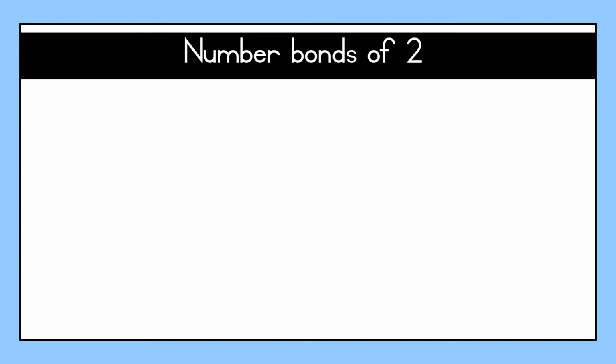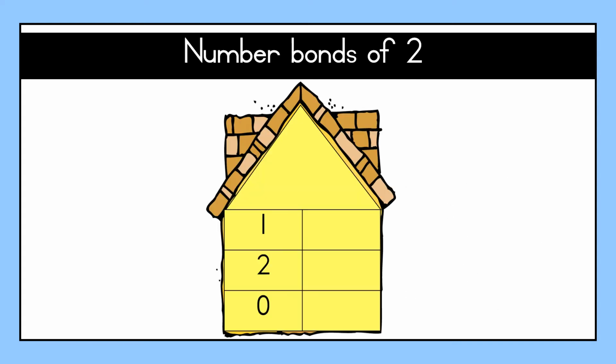I want you to meet a new friend. This is Mrs. Dot. Can you see how clumsy she is? She is living in this beautiful yellow house.